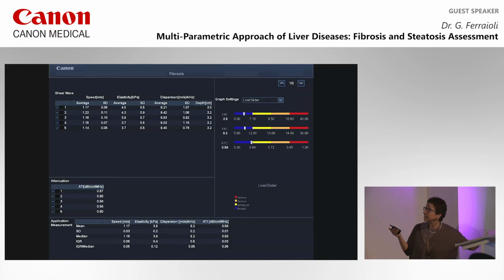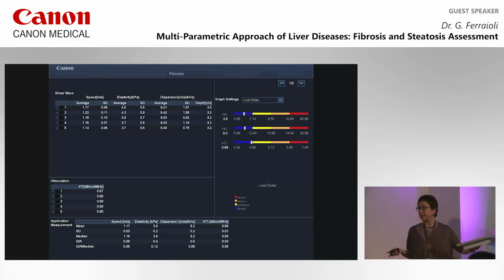And several other parameters are reported as well. And we have here the dispersion, the attenuation, and on the report we have to use the median value either of the speed or the elasticity, together with a quality factor that has been recommended by the guidelines.